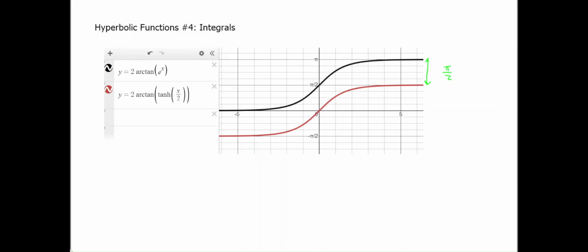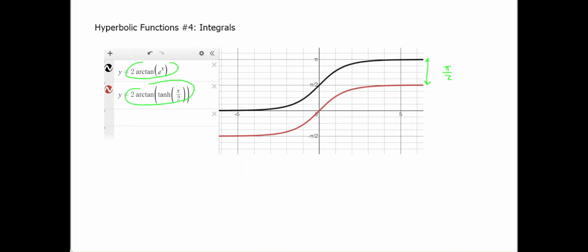Like I said, if you're looking for a bit of an algebraic challenge with proving some identities, proving that when you take the difference of these 2 expressions, this first one minus the second one, no matter the value of x, you always get pi over 2. Kind of fun, huh?